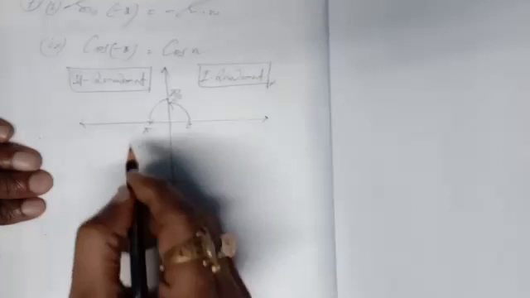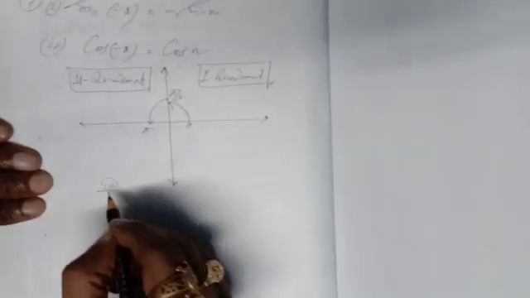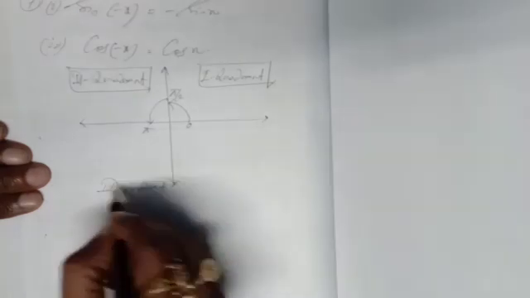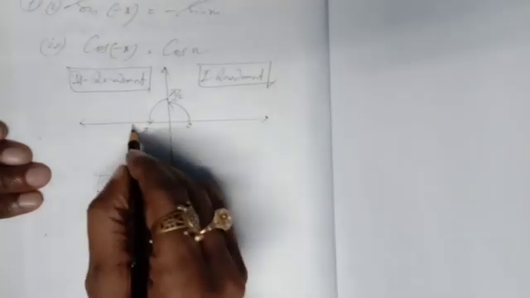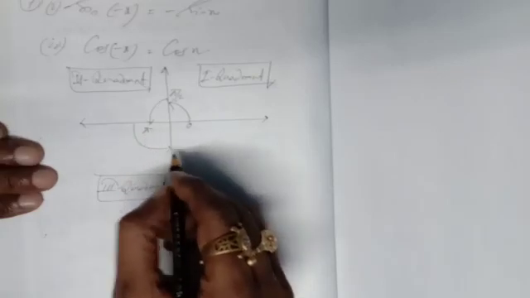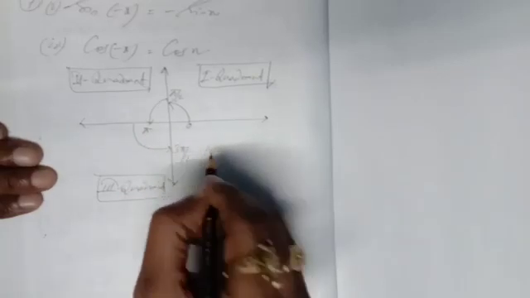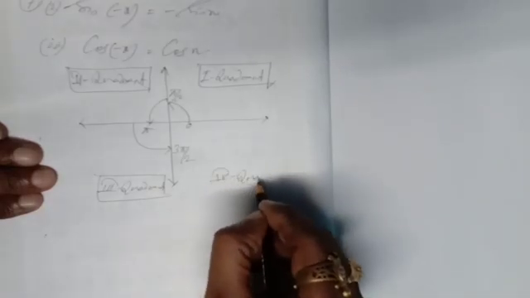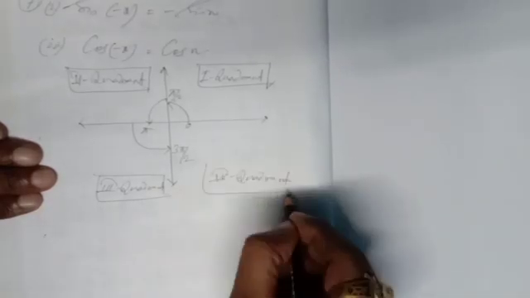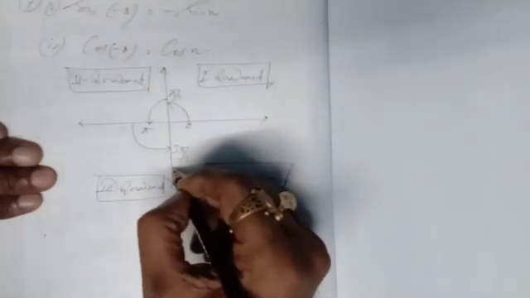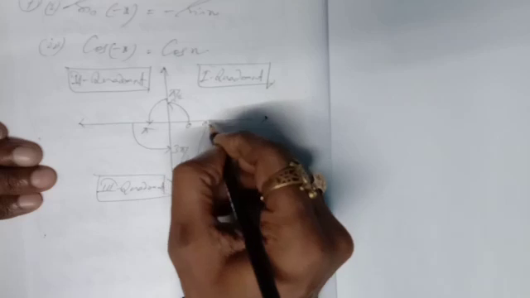This is pi. And this one is the third quadrant, pi to 3 pi by 2, because pi plus pi by 2 will be 3 pi by 2. Next one is the fourth quadrant, 3 pi by 2 to 2 pi.